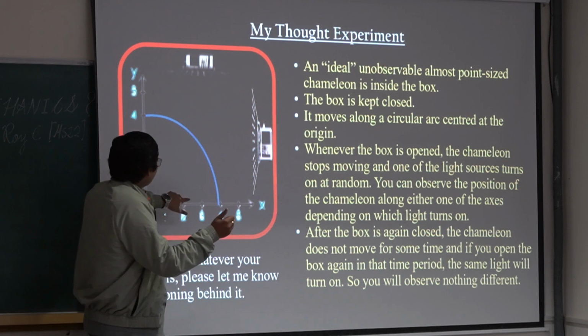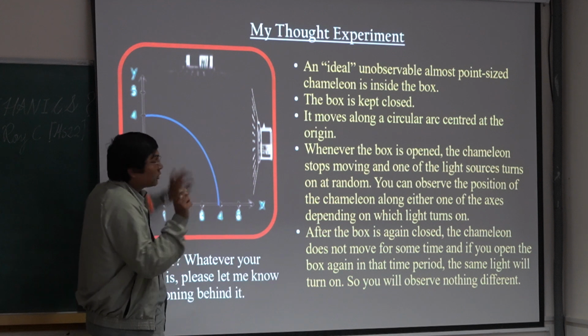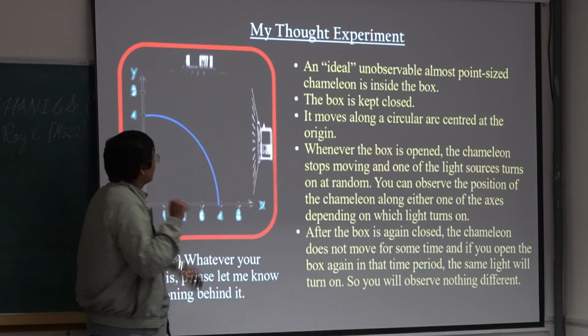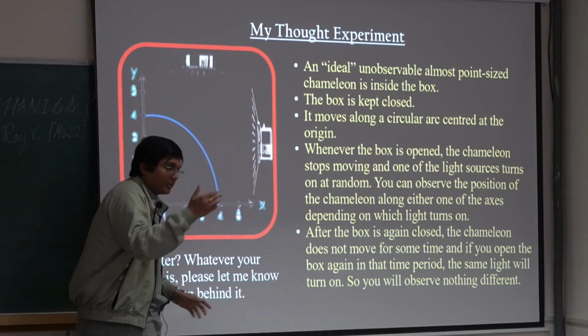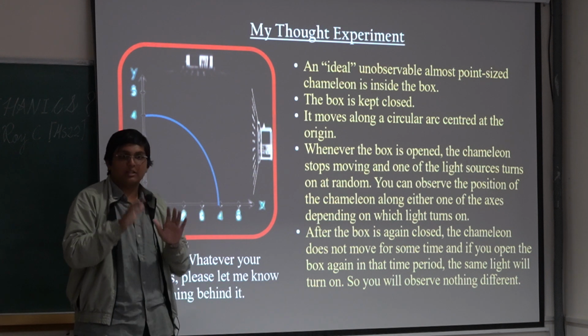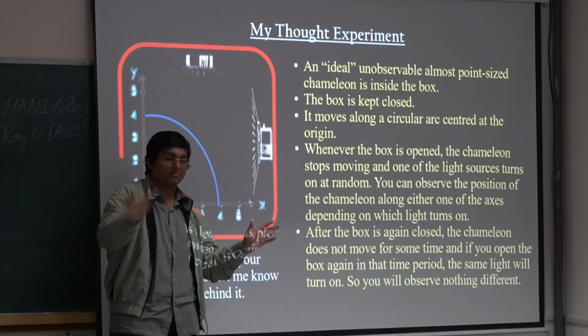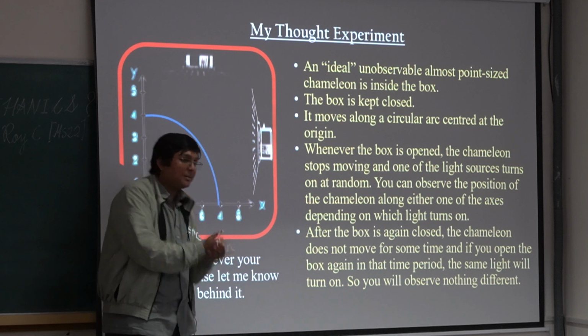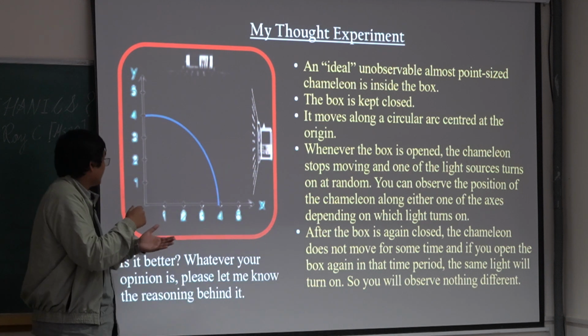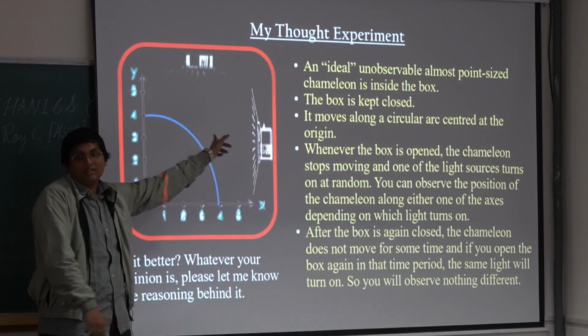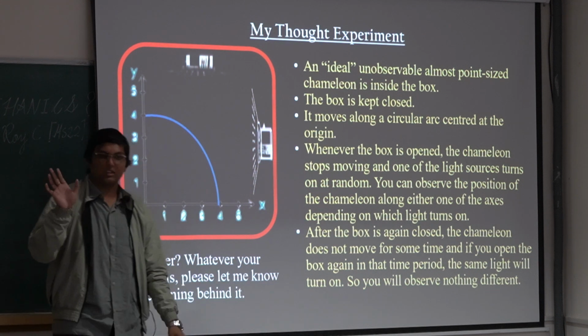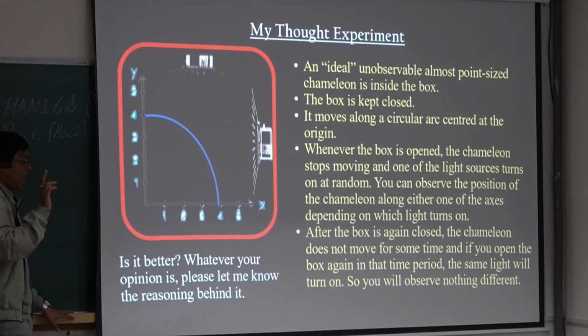So you get to know the position of the chameleon only along one axis, not along both. After the box is closed, the chameleon is still frightened, so it won't move for some time. If in that period of time you open the box again, only the same light will turn on, so you will observe the same thing. This is my thought experiment.